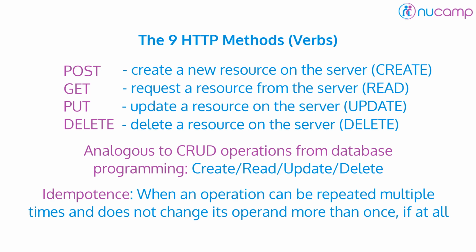A delete request is idempotent because if you request to delete a resource and then you request to delete it again, it doesn't do anything more since the resource is already deleted. A post request, however, will not be idempotent because you're creating a new resource every time. So something you should always keep in mind is what operations are idempotent and can be repeated without any consequences, and which ones you have to be more careful not to repeat unnecessarily.